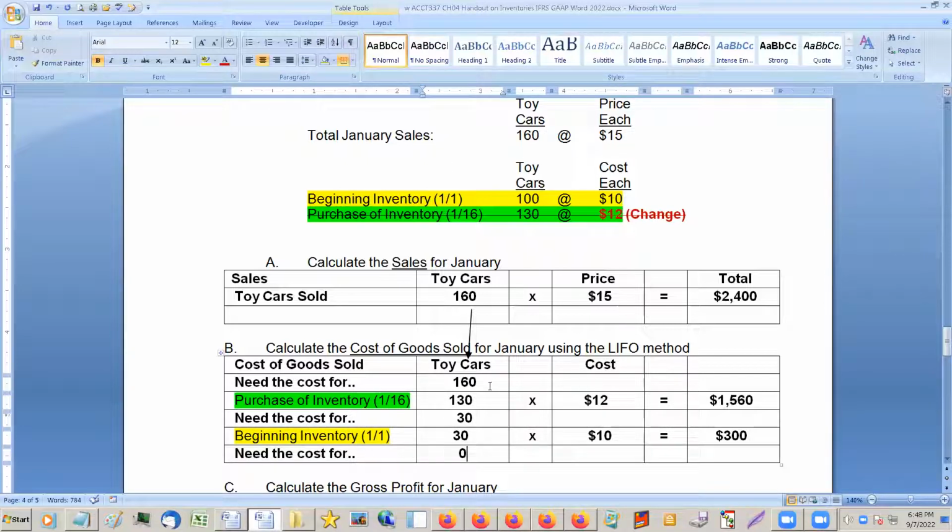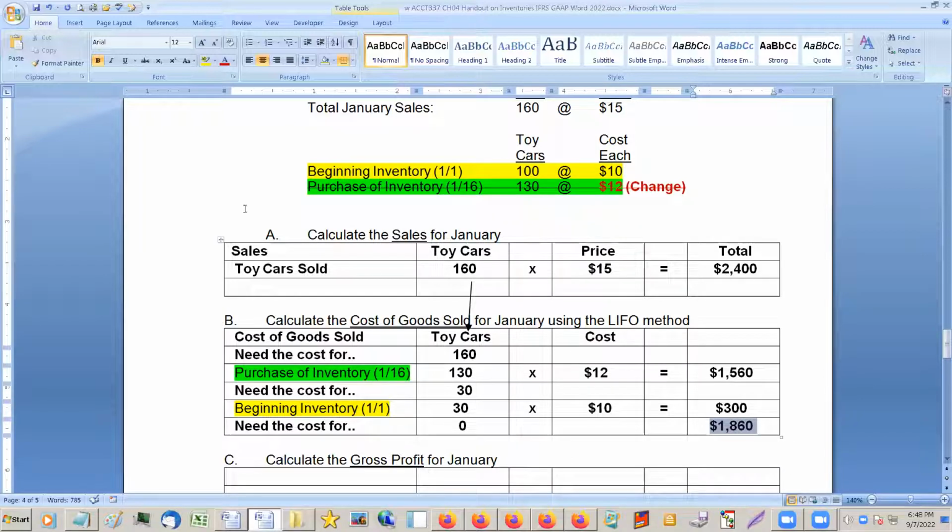We have cost for 160. So this over here, what is that, 1860? Yeah. So this is our cost of goods sold, 1860.